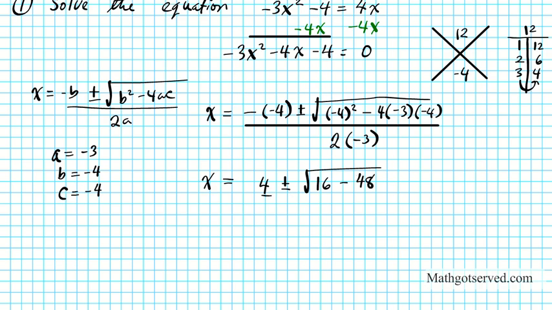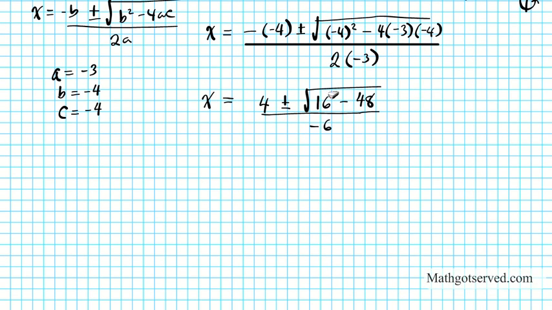Okay? And then that divided by 2a, which is negative 6. So let's focus our attention on simplifying the radical. Okay, so we have 4 plus or minus the square root of 16 minus 48. Signs are different. Subtract and keep the sign of the bigger. So it's going to be negative 32 over negative 6.